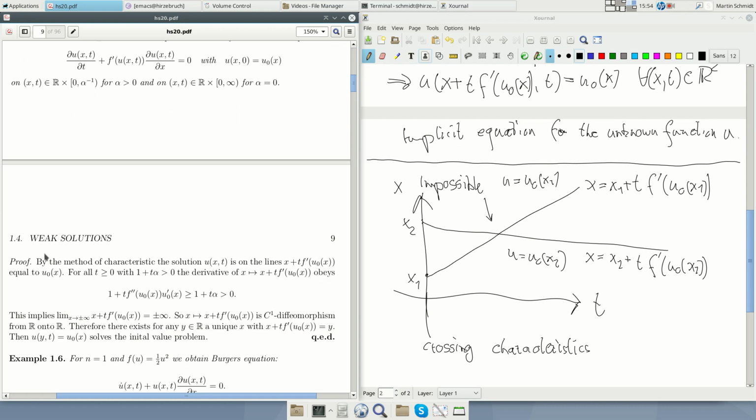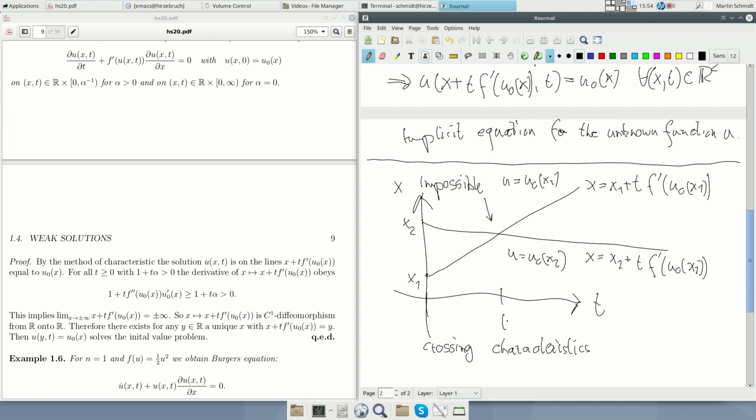By our solution, the question is, do these intersect? Is there a time t such that the map x goes to x plus t times f prime of u0 of x is injective, for fixed t?